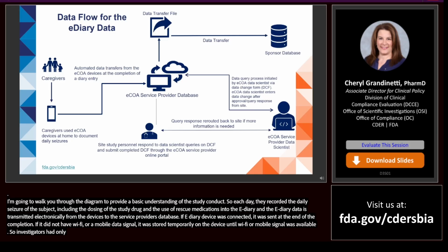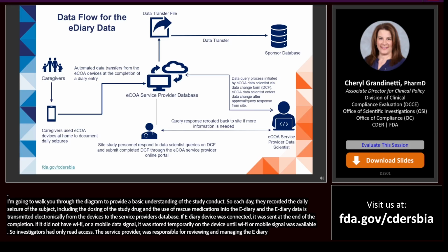The service provider was responsible for reviewing and managing the eDiary in the database, and they could make backdoor changes. And these backdoor changes to the data were tracked in the ECOA database audit trails.